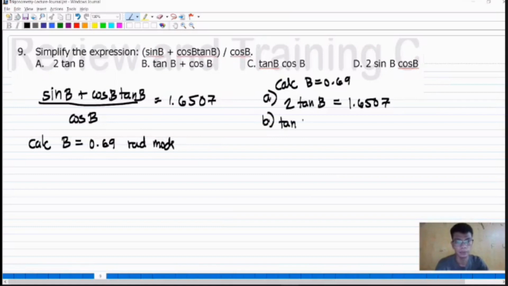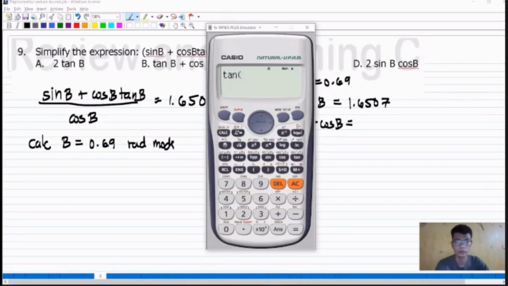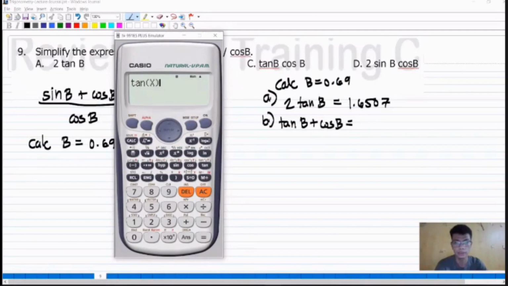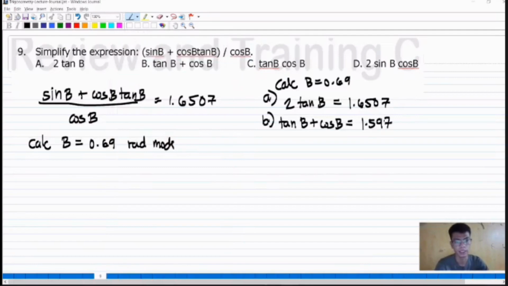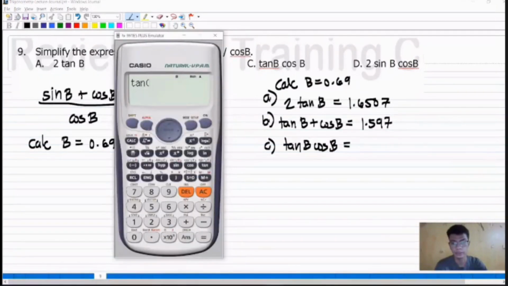Si letter B naman, that is tangent B plus cosine B. Tangent x plus cosine x. Equals na lang natin dahil nakasave naman na si 0.69 kay x. So, 1.597. Hindi parehas. Si letter C, tangent x, cosine x.